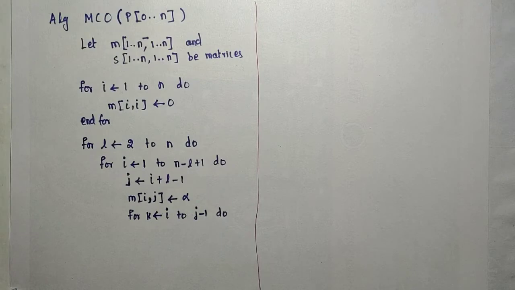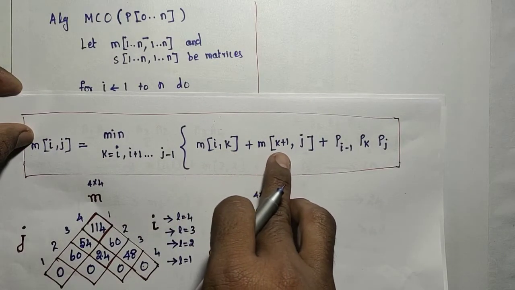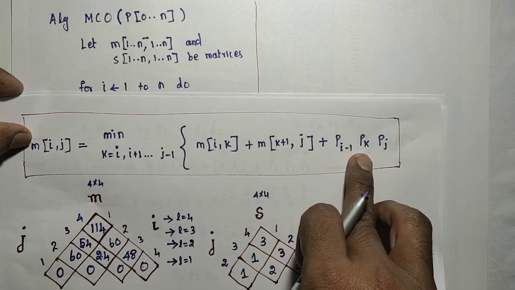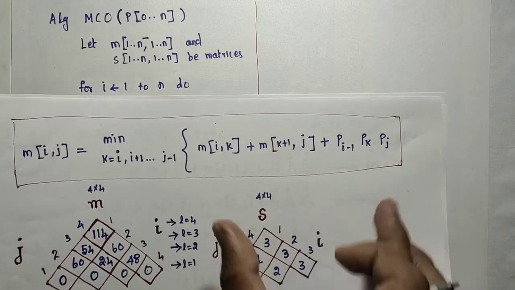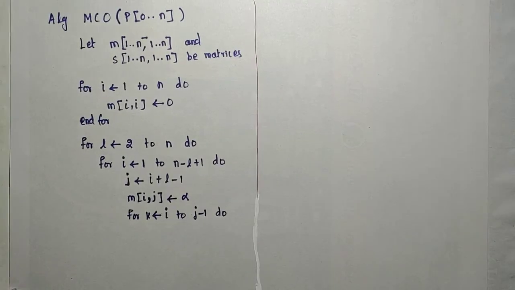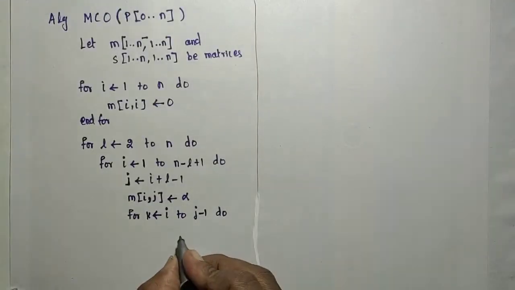Now we need to find this expression: m of i comma k plus m of k plus 1 comma j plus p of i minus 1 into p of k into p of j. Like that we need to find the minimum one.